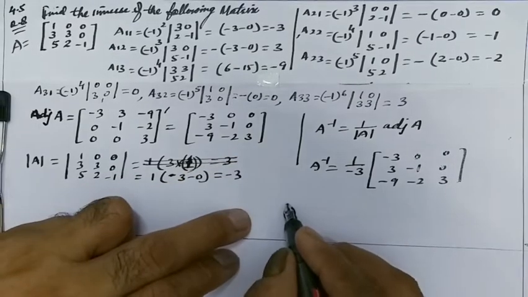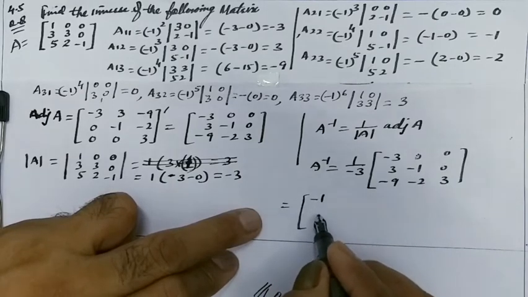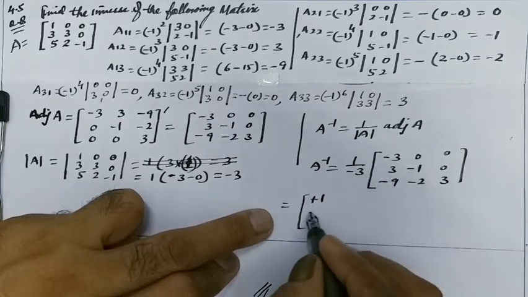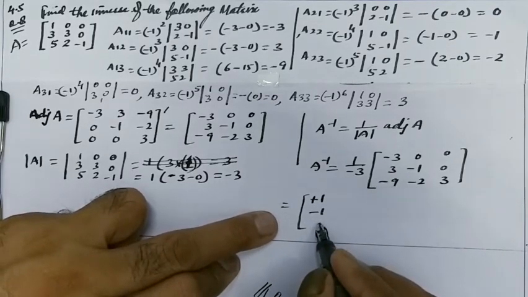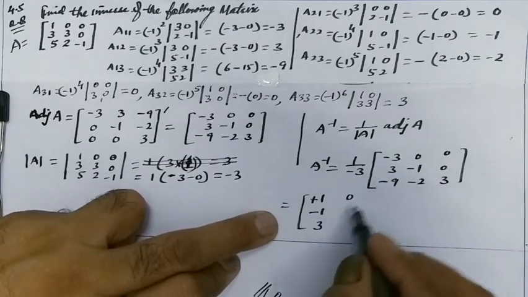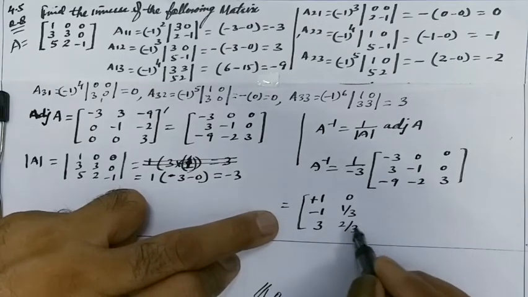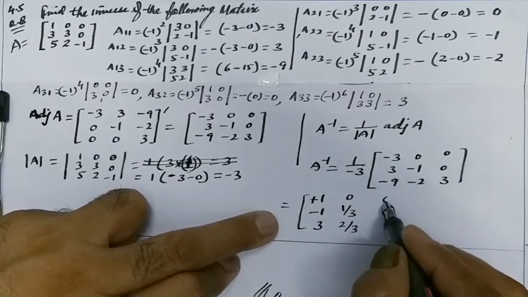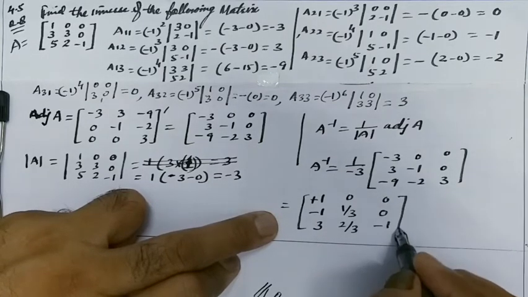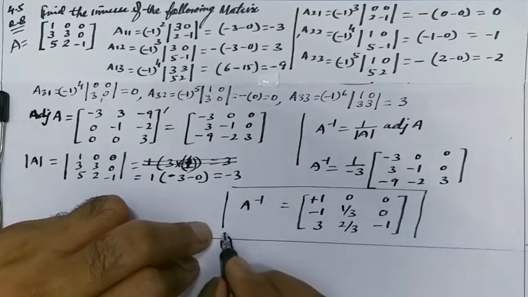Now dividing by minus 3, we will get minus 1 and plus 1 here, and then dividing, minus 1 upon 3, and then 0, and then plus 1 upon 3, and then here we will have 2 upon 3. This 0 is as it is, the next is also 0, and the last one is minus 1. So this is A inverse of this matrix A.